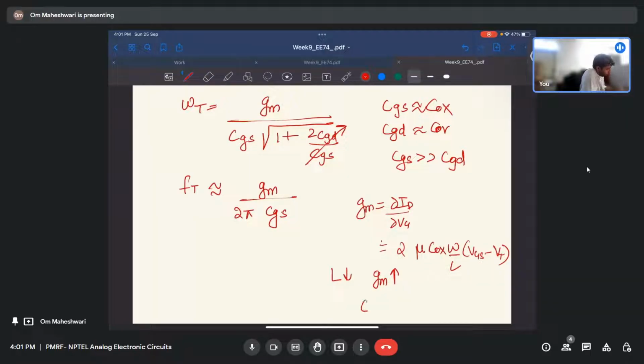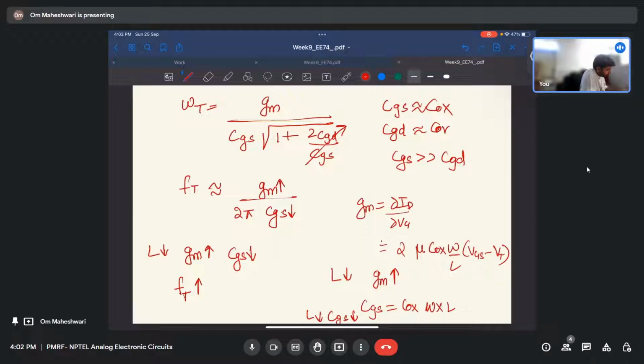And CGS is Cox into W into L. So if L decreases, CGS decreases. So if L decreases, Gm increases, CGS decreases. So Ft, if the denominator is decreasing and the numerator is increasing, Ft should increase, right? So Ft will increase.